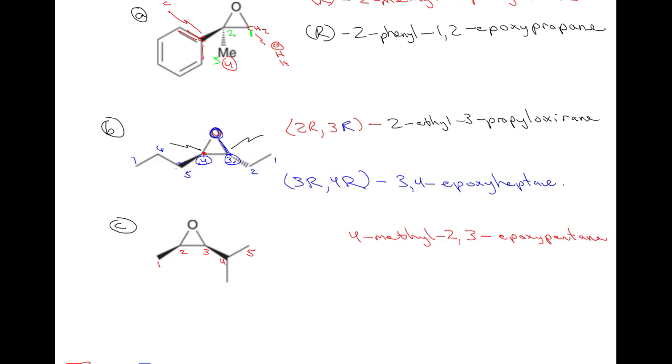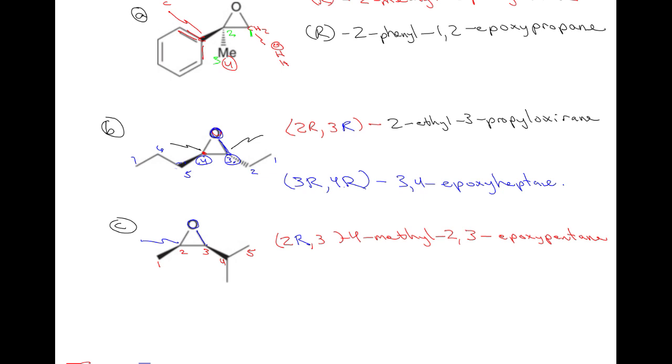All right, so now I just need to assign the stereochemistry for those 2 stereocenters. So I have 2 something and 3 something. So let's determine the stereocenter for carbon number 2. If I look at carbon number 2, you can see the oxygen is going to be first priority. Carbon number 3 will have second priority because this carbon is attached directly to an oxygen, which means it's going clockwise. So it's going to be 2R.